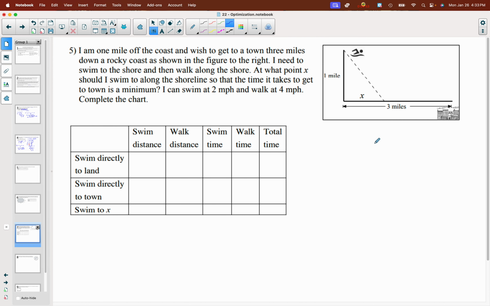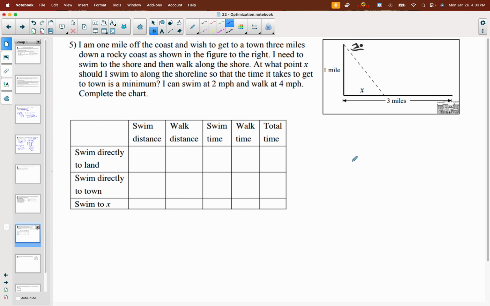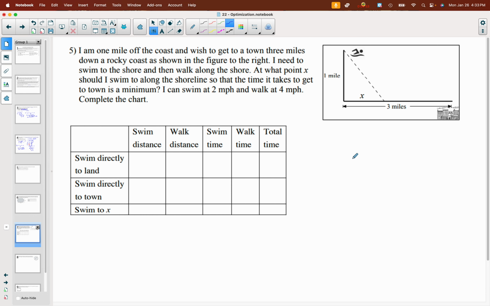And this is a very typical problem where you'll see something similar to this. So the problem is I am 1 mile off of the coast and wish to get to a town 3 miles down a rocky coast as shown in the figure to the right. I need to swim to the shore and then walk along the shore. At what point X should I swim to along the shoreline so that the time it takes to get to town is a minimum?